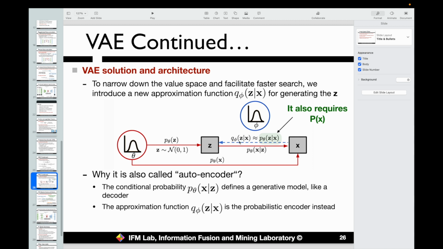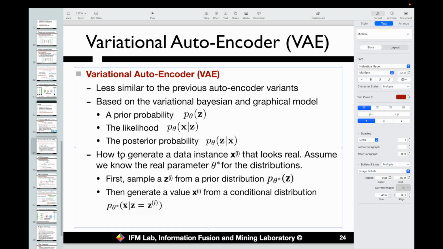This one can be an approximation of this one, and it can be used to sample some z to help us narrow down the space and to facilitate the search process. So you can see how we solve the problem of generating some data instances which look as real as possible. We know this one will not work because it requires that we know the theta star in advance.